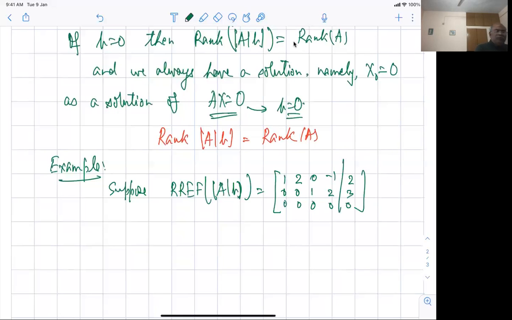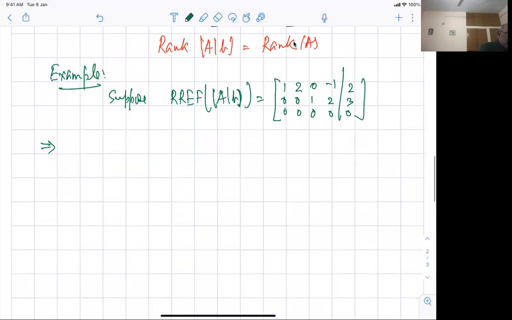All right. From here we want to look at the solution space. Fine. So I would like you to see here that this implies that the first equation corresponds to x1 plus 2x2 minus x4 is equal to 2, and the second equation corresponds to x3 plus 2x4 is equal to 3.